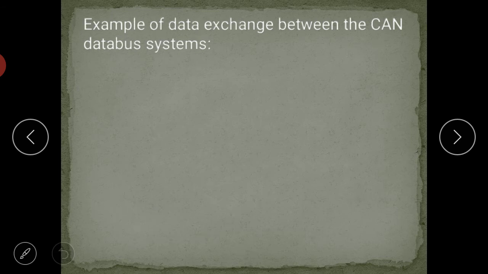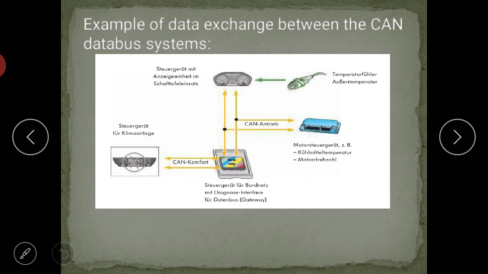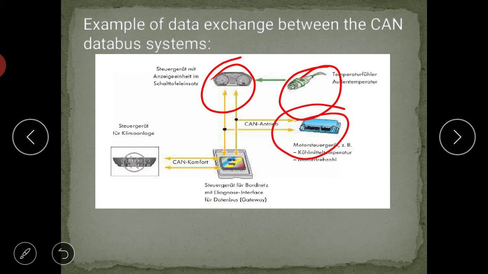Now, an example of data exchange between the CAN database systems. In this system, drive data from the drive CAN bus system is given to the convenience CAN bus system. This green one is an outside air temperature sensor. It senses the outside air temperature and sends this signal to the instrument cluster unit, which is connected to the drive CAN. From the drive CAN, the data is sent to the gateway.